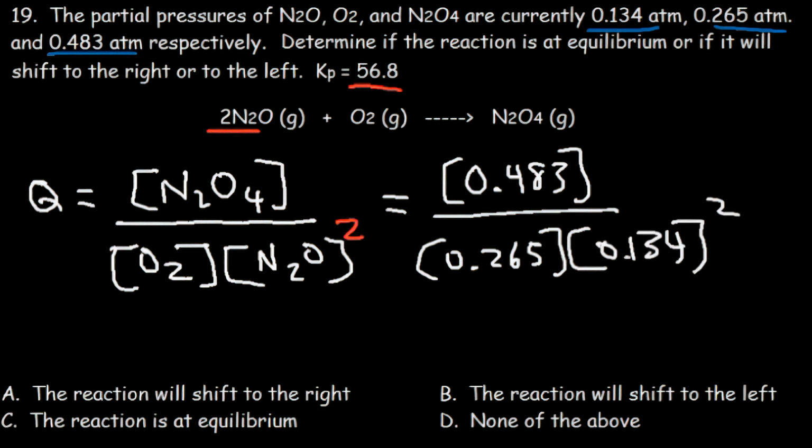So you can plug this in directly in your calculator. By the way, if you want to type it in all at once, just make sure to put the numbers in the bottom within one large parentheses. Otherwise, your calculator may divide by 0.265, but then multiply by 0.134 squared, so you might get a different answer unless you put it in parentheses. You should be careful with that because that's where a lot of students make a mistake.